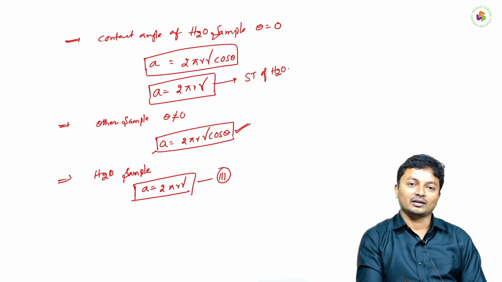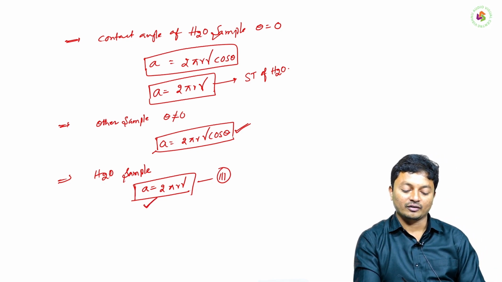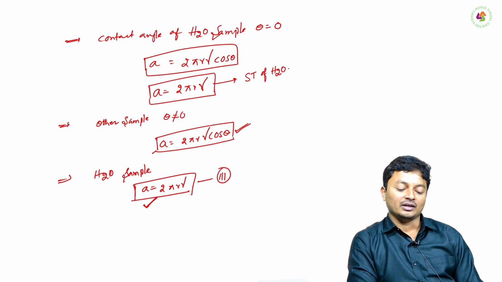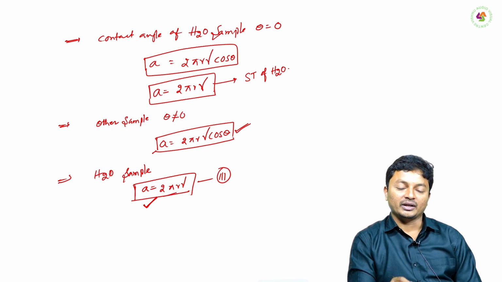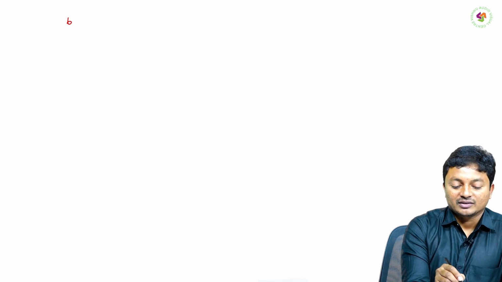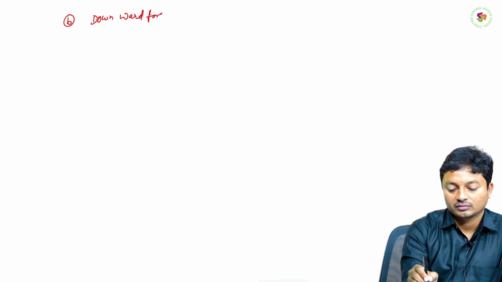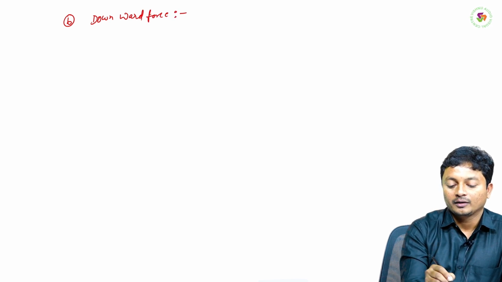So in the upward direction, the force from the surface tension formula, that is A, is equal to 2 pi r gamma. Now let us see what will happen with the downward force in the capillary tube.